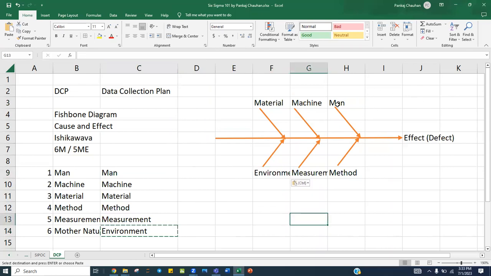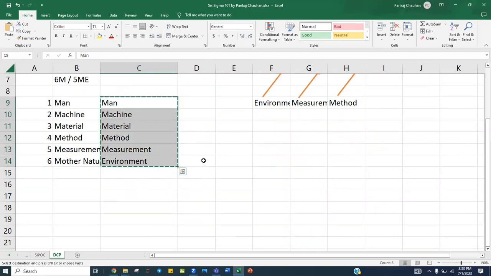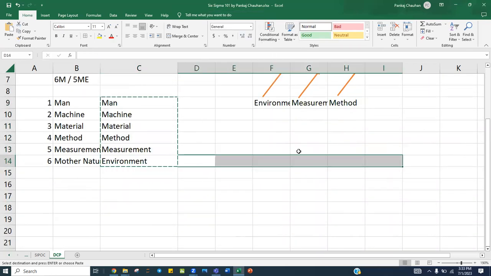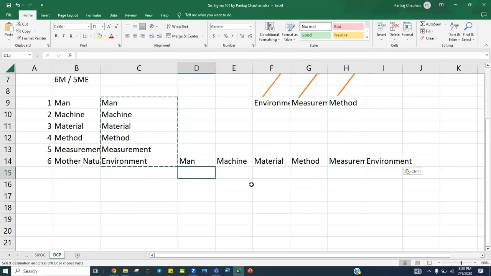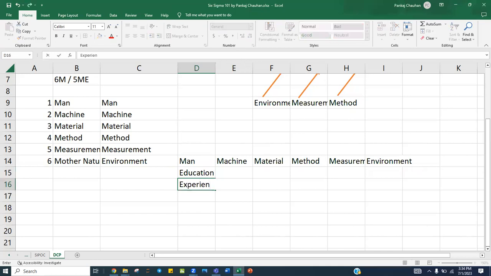Now if I do further classification of these, I'm writing it down for brainstorming purposes here. Man related, what can be the possible reasons? Let's say person related: sometimes it's education, maybe what kind of degree, maybe the experience, maybe the technical knowledge, maybe sometimes it's gender dependent as well, about the kind of fear.